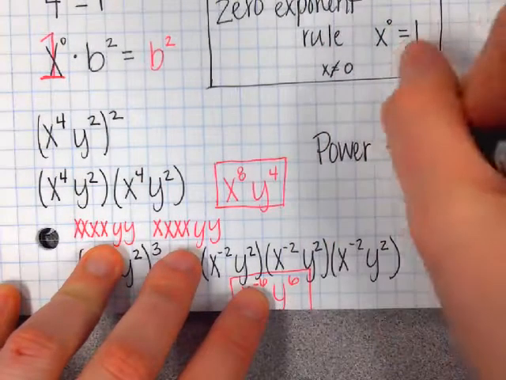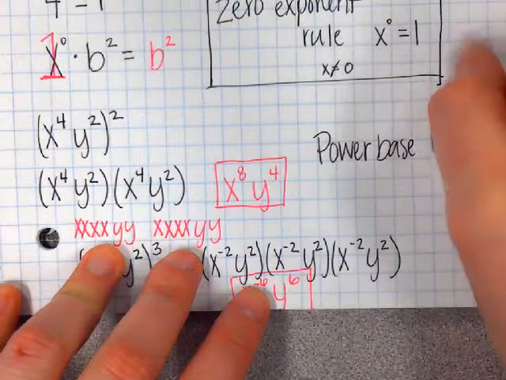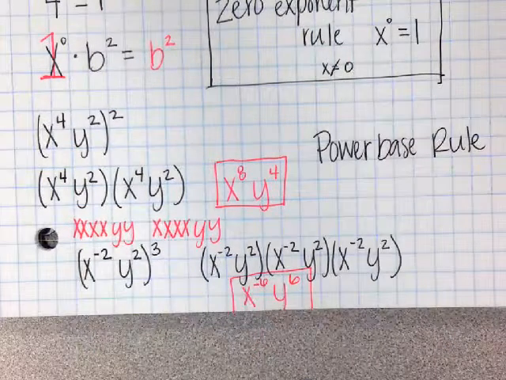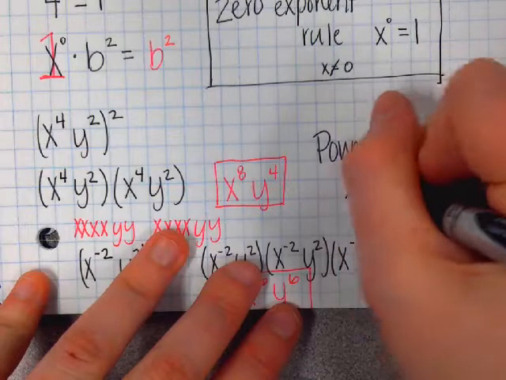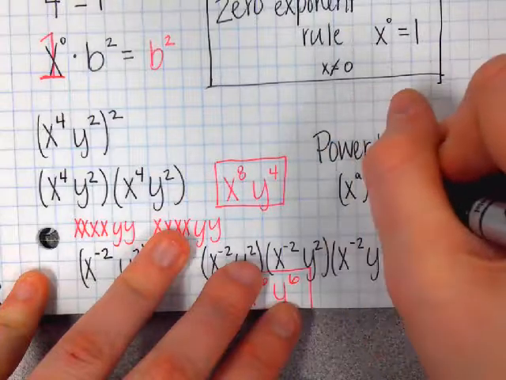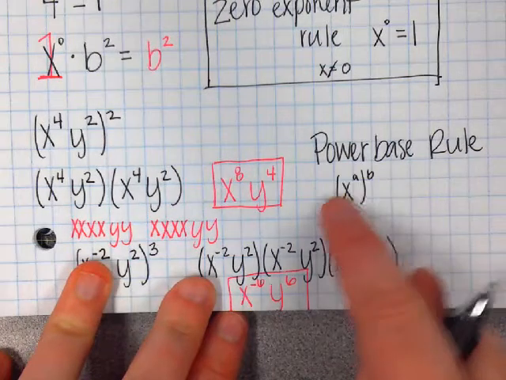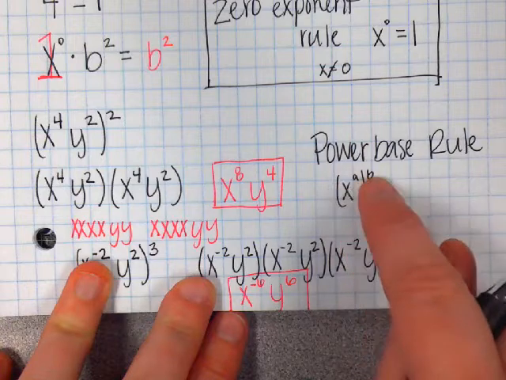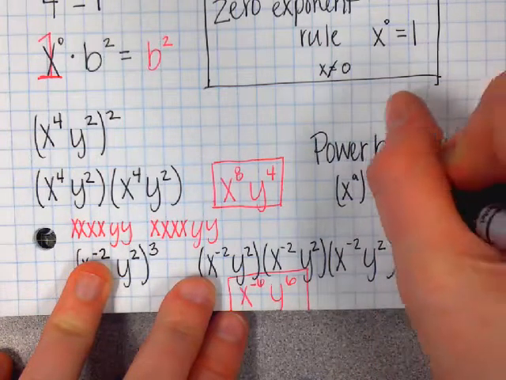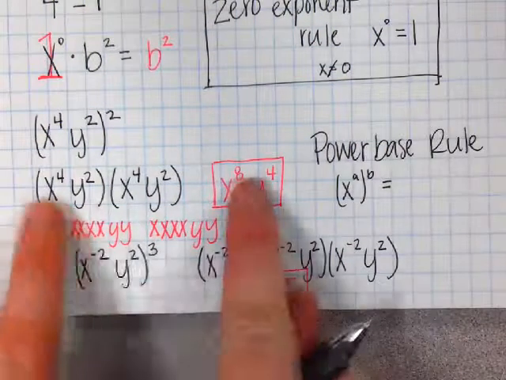So this is called the power base rule. So power base rule, if you have x to the a to the b, so some exponent or some information with an exponent raised to another power.